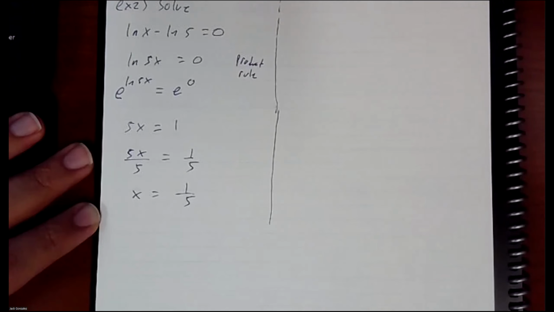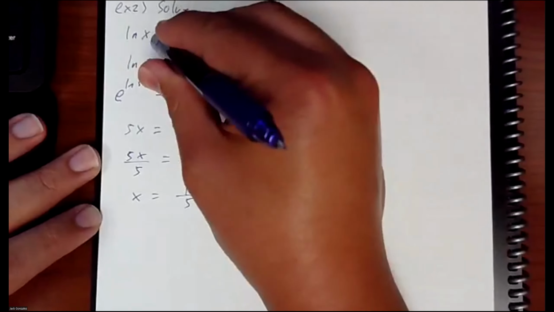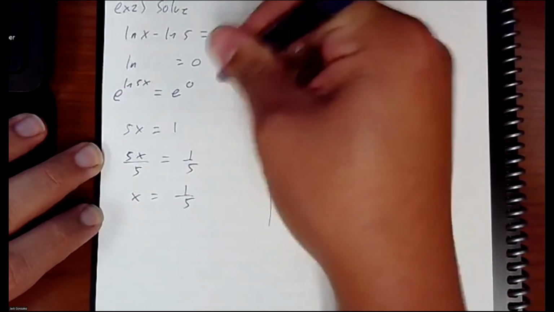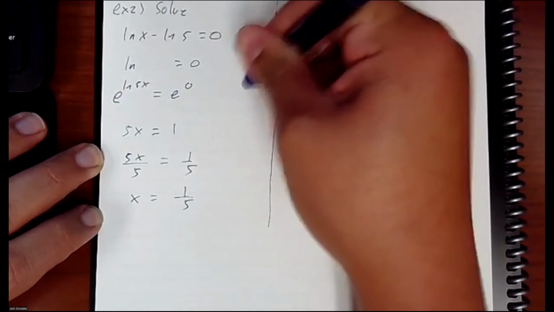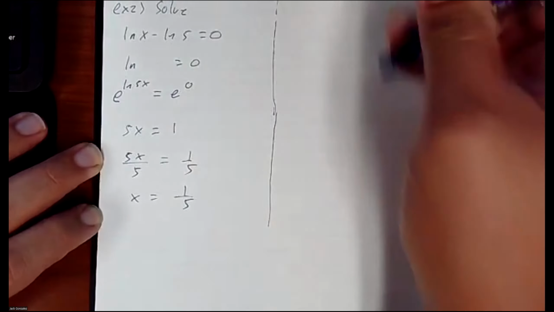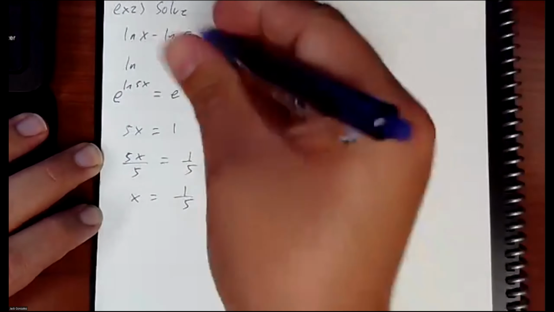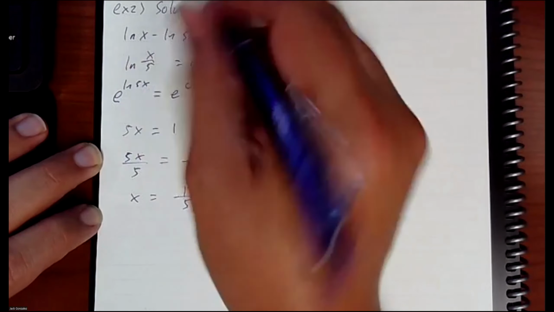Oh shoot, I messed up. Difference is division, not product. Dang it. I was like, something's not matching up here. When you subtract, you get x over 5.